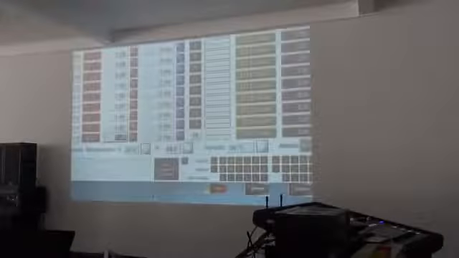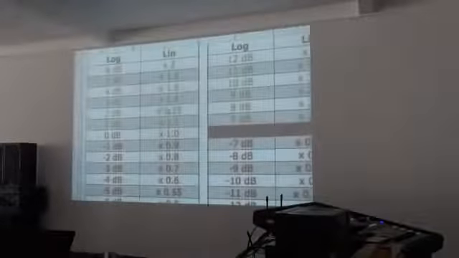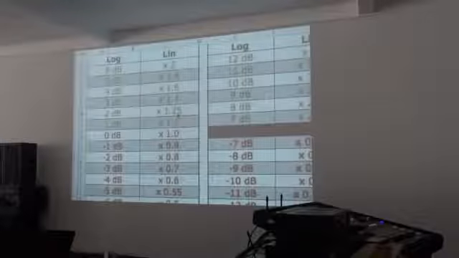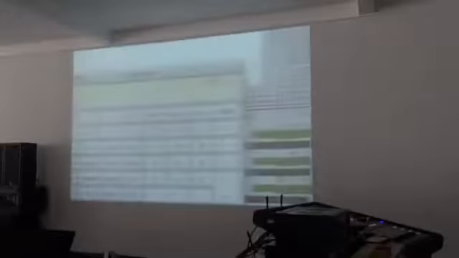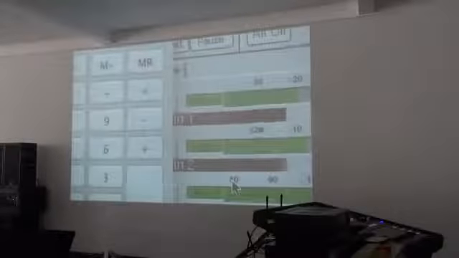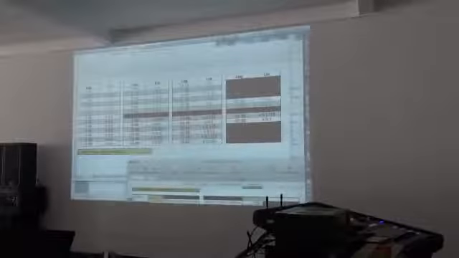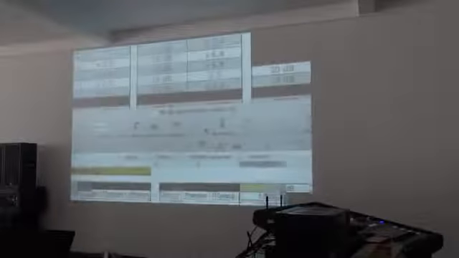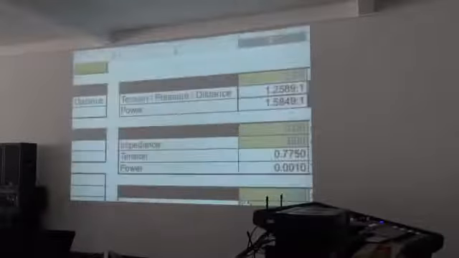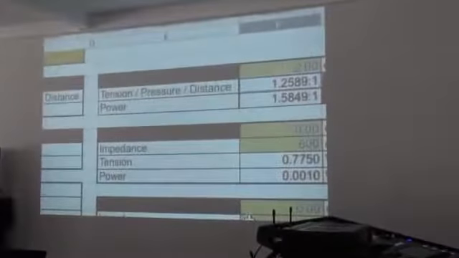But what happens when we have 2 decibels? It seems that it's 1.25. The analyzer shows 1.26. The exact value of 2 decibels is 1.2589. And we can have more decimals.